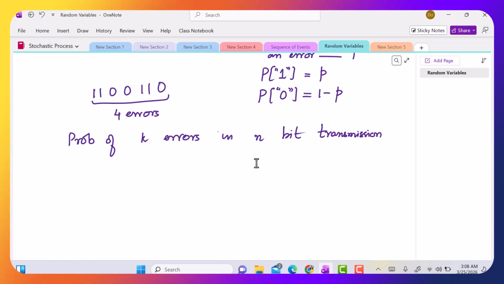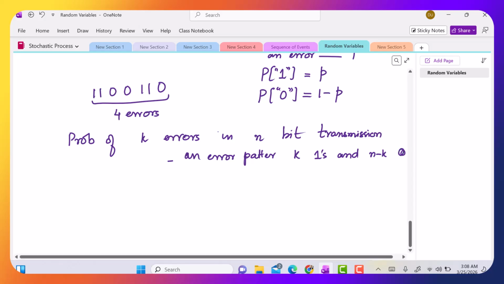Equivalently, I want to find the probability of an error pattern where we have k ones and n minus k zeros.